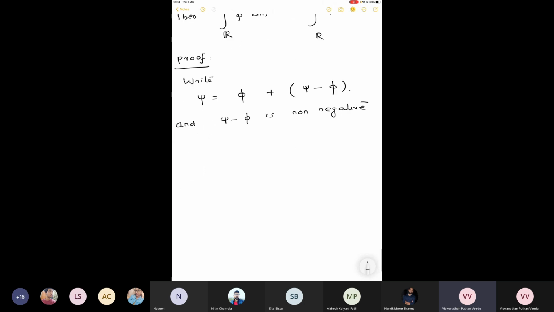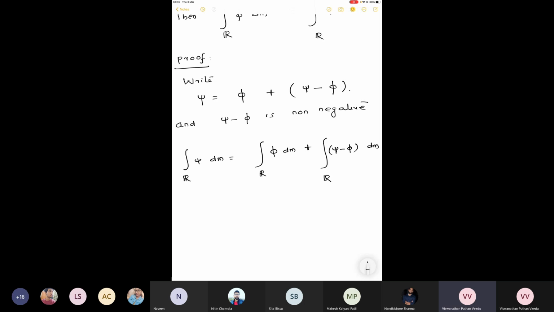Therefore, by the property that you have proved, integral over R psi dm will be equal to integral over R phi dm plus integral over R psi minus phi dm, since for non-negative measurable simple functions the sum of the integrals and the integral of the sum coincide. Each of them is non-negative.